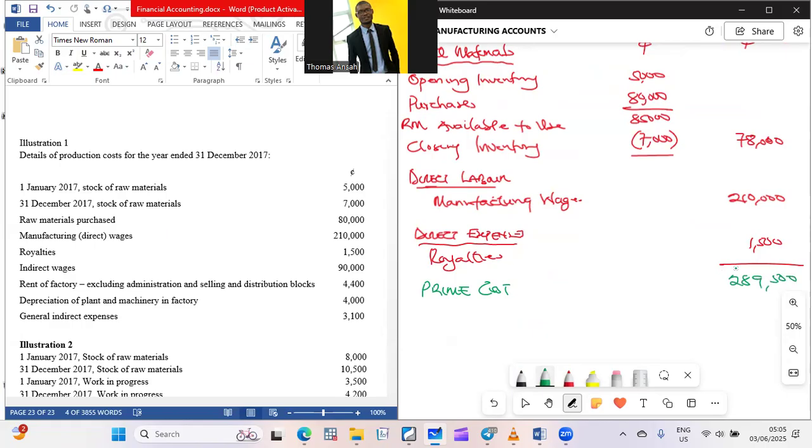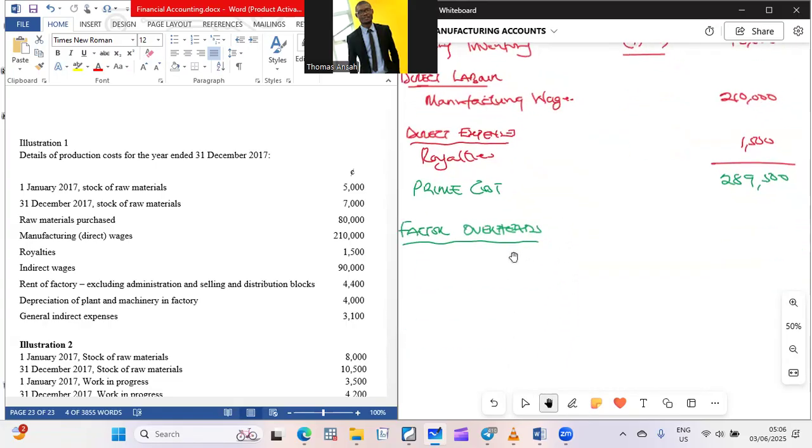That's our prime cost. Then we bring in our overheads, factory overheads, right? Some of the overheads can be factory, some can be not factory. That is where you will be doing the apportionment. As for the direct part, it is purely allocation.